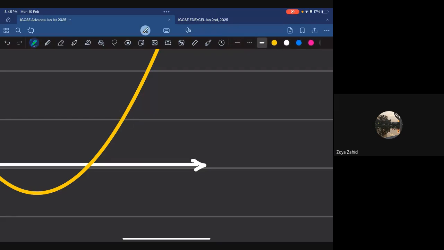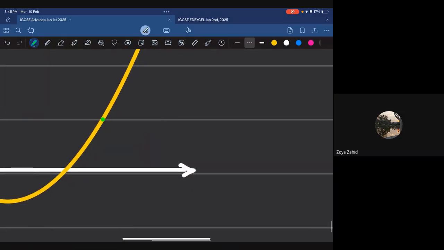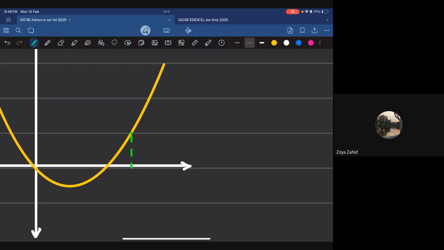If I want to calculate the gradient at this point, and obviously I'll have to calculate the gradient at this point too.